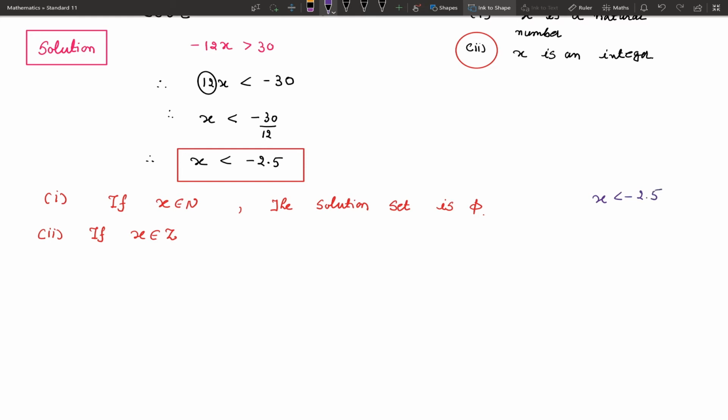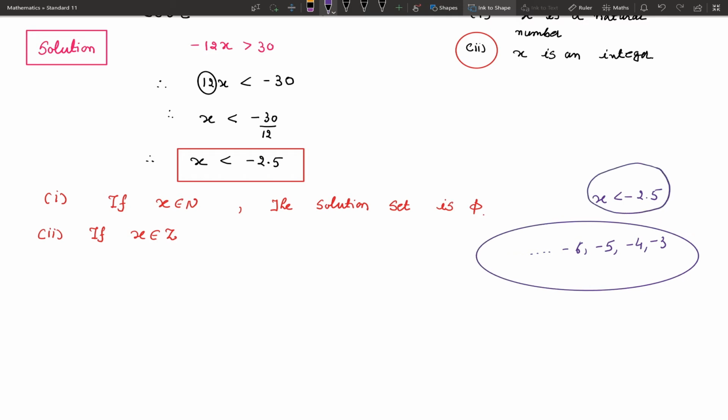You can observe there are infinite integers which are less than minus 2.5: minus 6, minus 5, minus 4, minus 3, all are integers less than minus 2.5. So if x belongs to Z, the solution is the integers which are less than minus 2.5, that means minus 3, minus 4, minus 5 and so on.